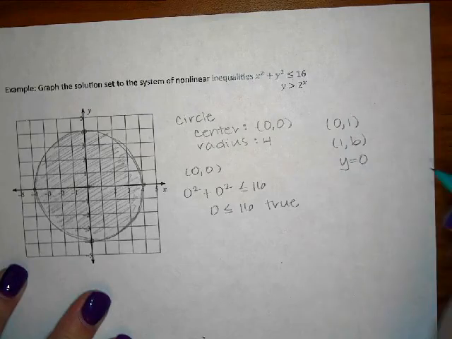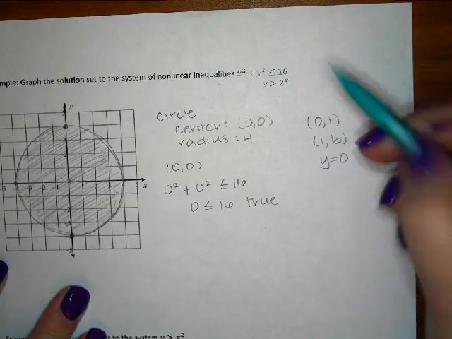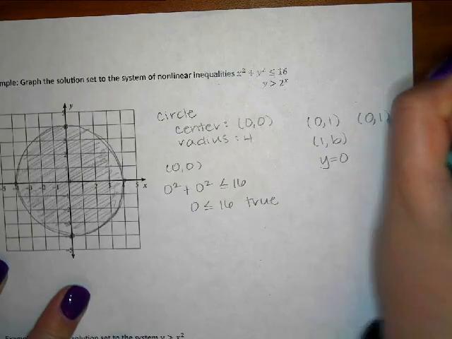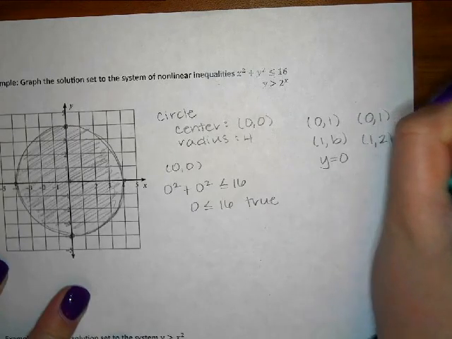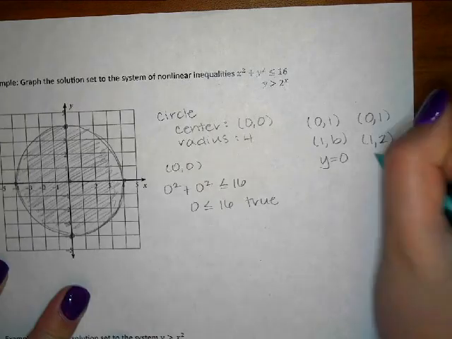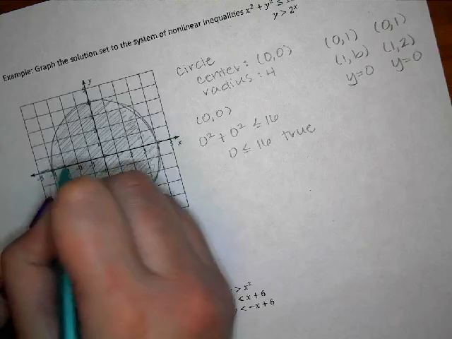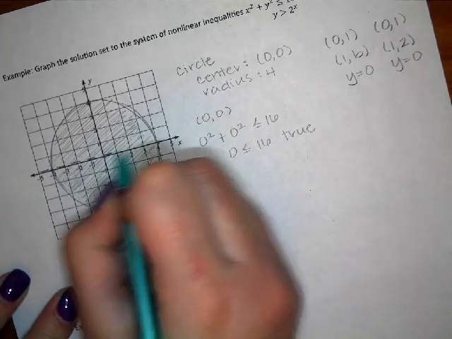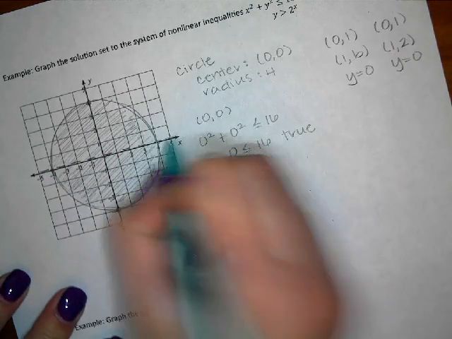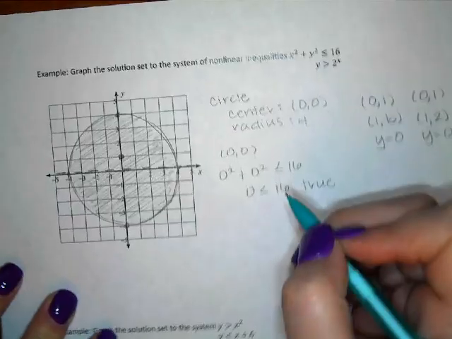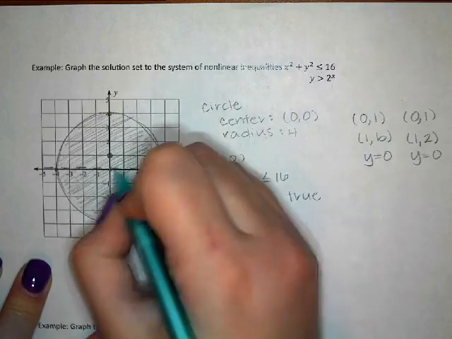So we're going to have 0, 1, 1, 2, y equals 0. So we're going to have a horizontal asymptote at 0, the point 0, 1, and then the point 1, 2, and then this is going to be a dotted line.